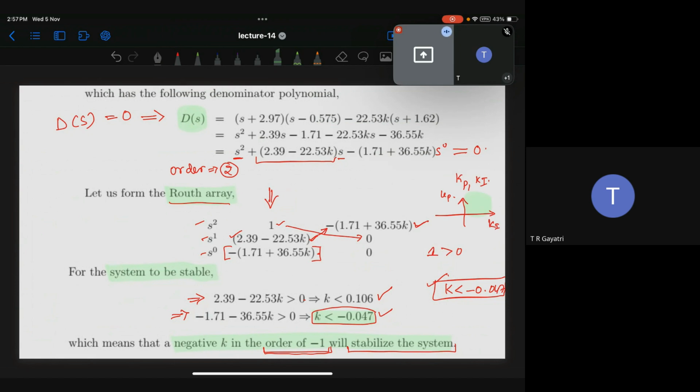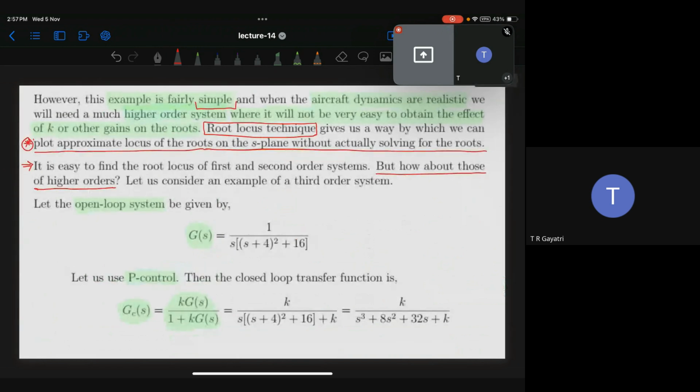That will be the case when the systems are of higher order also. If you are having systems of higher order, it's not very easy to obtain the K value, and when you have multiple gains, it will be difficult.